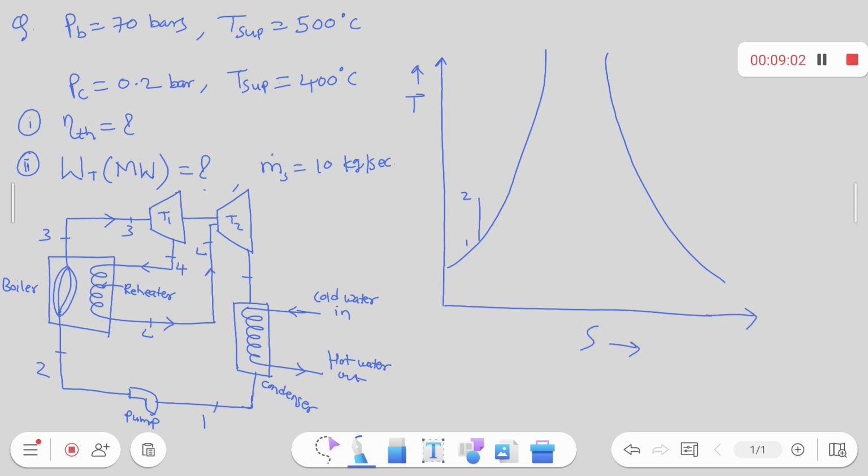Then 2 to 3 is heat addition inside the boiler at constant pressure. So this is a constant pressure line.